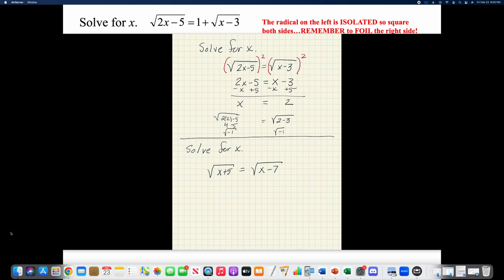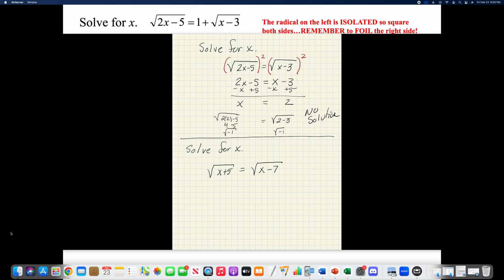We can only have square roots that are going to have positive numbers in there. So in this case, we have to make sure they're positive. This is why we got to check our work. All right, x equals 2 is a solution, but it doesn't create positive numbers inside of our square root. So this means no solution.